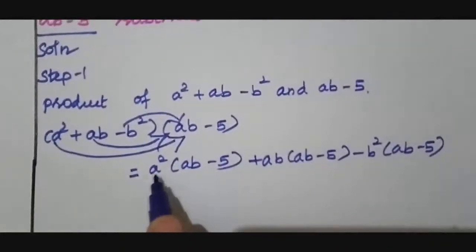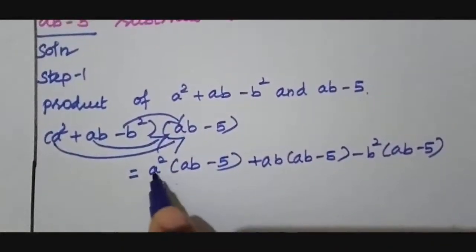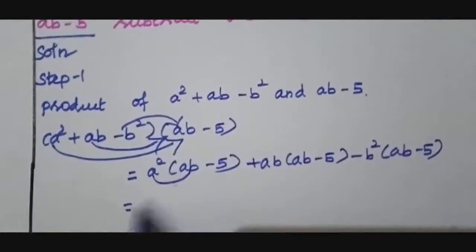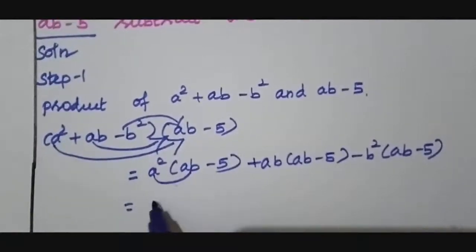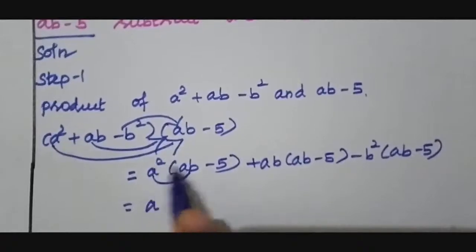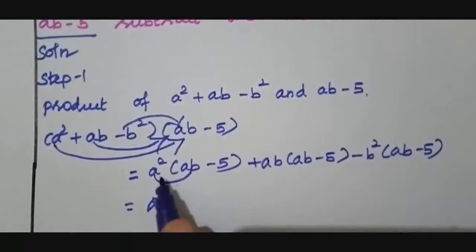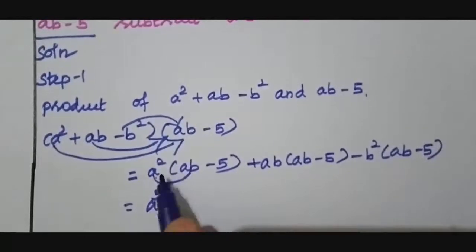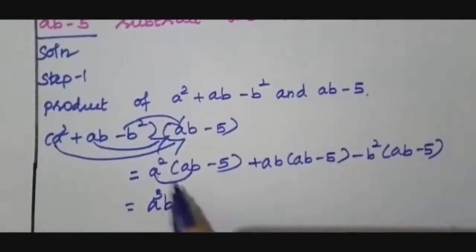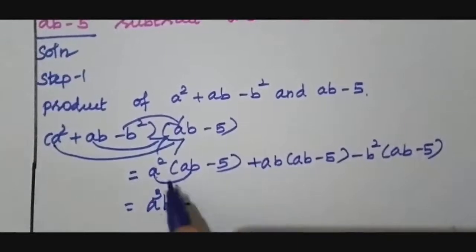Now multiply this a square with the terms inside the bracket. So a square into ab is a power 2 plus 1 is 3. When it is in multiplication, we should add the powers. So a square into a is a cube b. Plus into minus is minus.